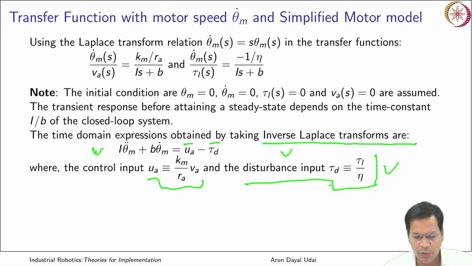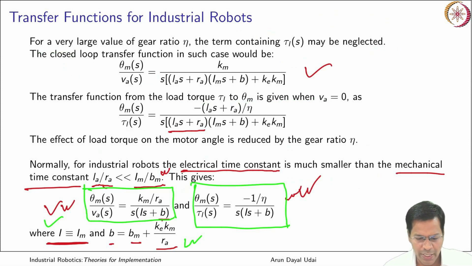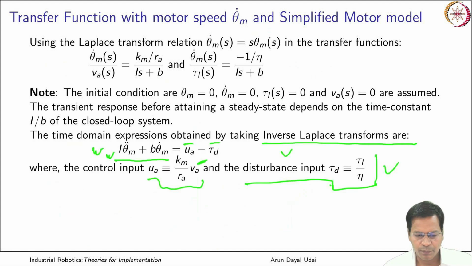This is your control input, which is desired by the voltage here, and this is your system which is getting driven. The effective inertia I, you already know what that was, and the B terms were written here.